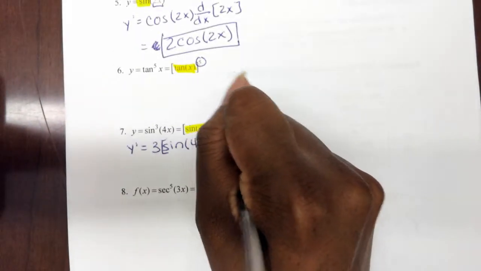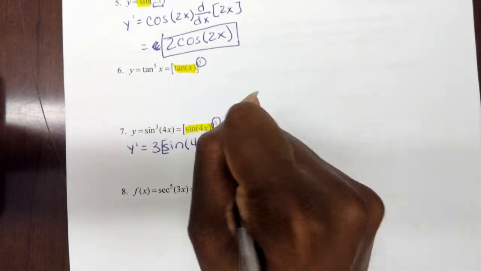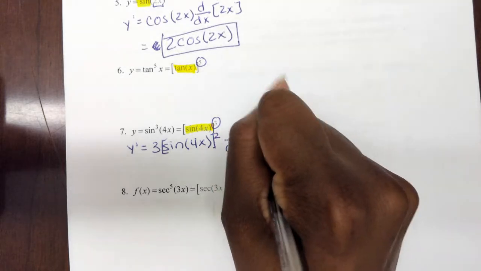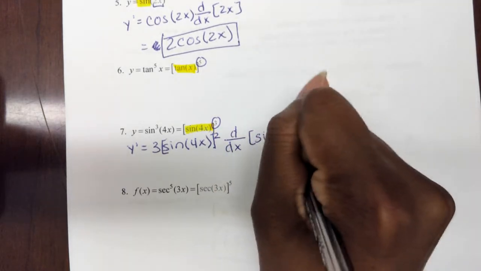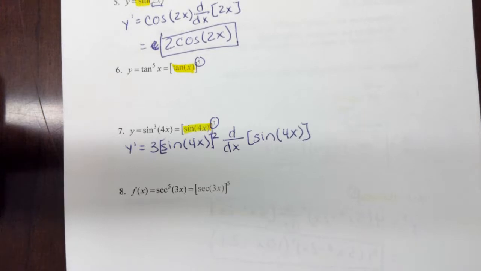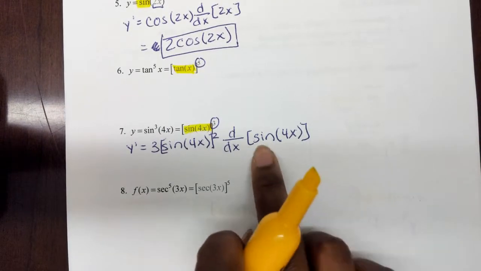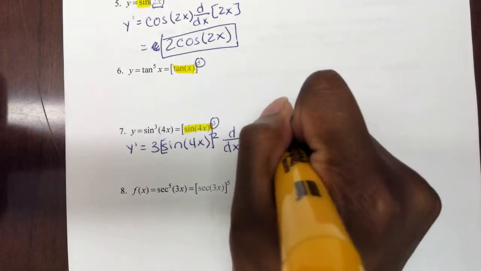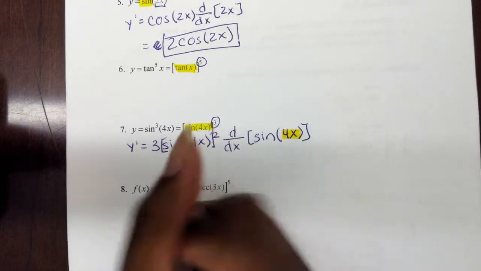And then we're going to take the derivative of the baby, which is sine of 4x. And what you notice there is that we have a mama of sine and a baby of 4x.